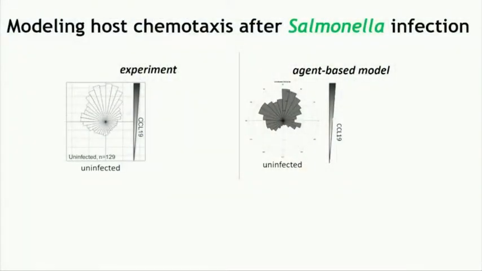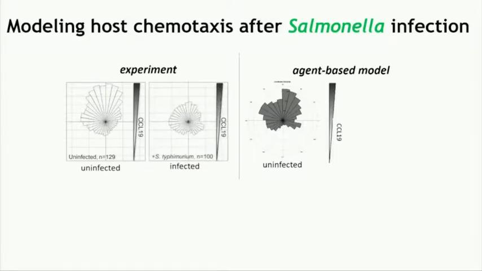So back to the example of the chemotaxis of the dendritic cells when they're infected by Salmonella. These plots are meant to demonstrate the frequency of migration in different radial directions. When we have an uninfected cell, you can see that dendritic cells are very good at undergoing chemotaxis in a directional manner up a gradient, and that's indicated by the bars that are moving upwards.